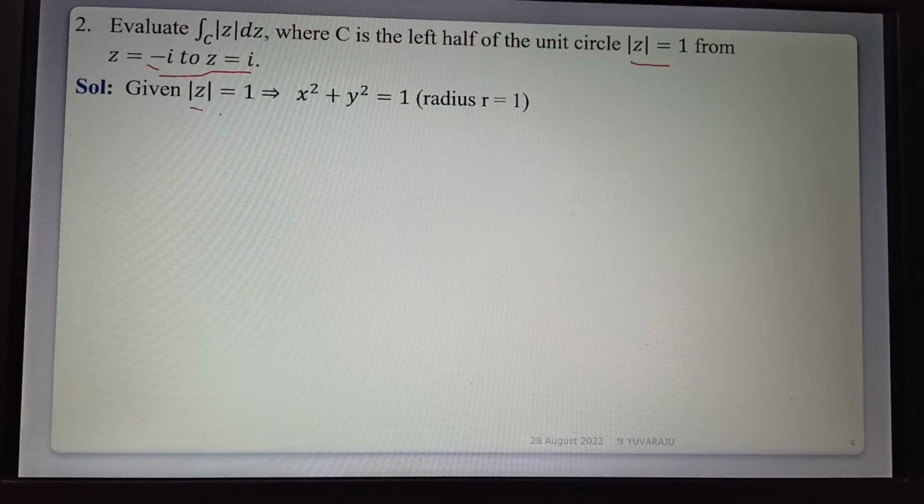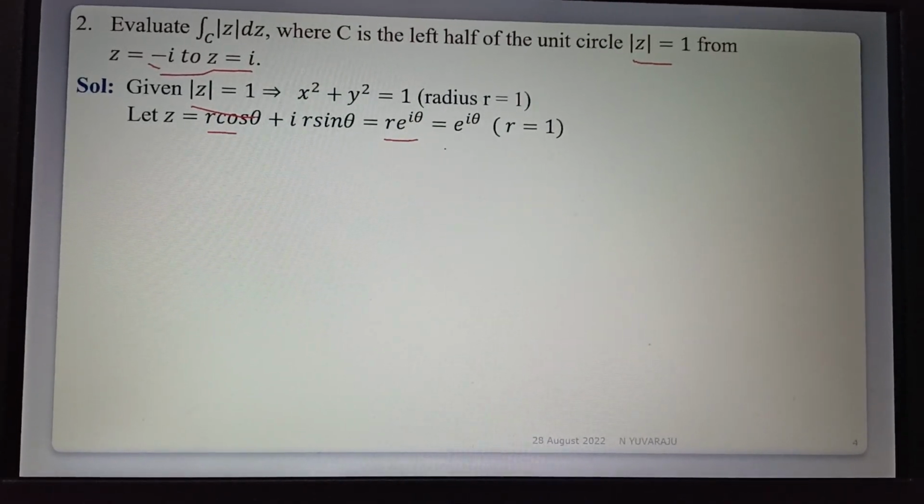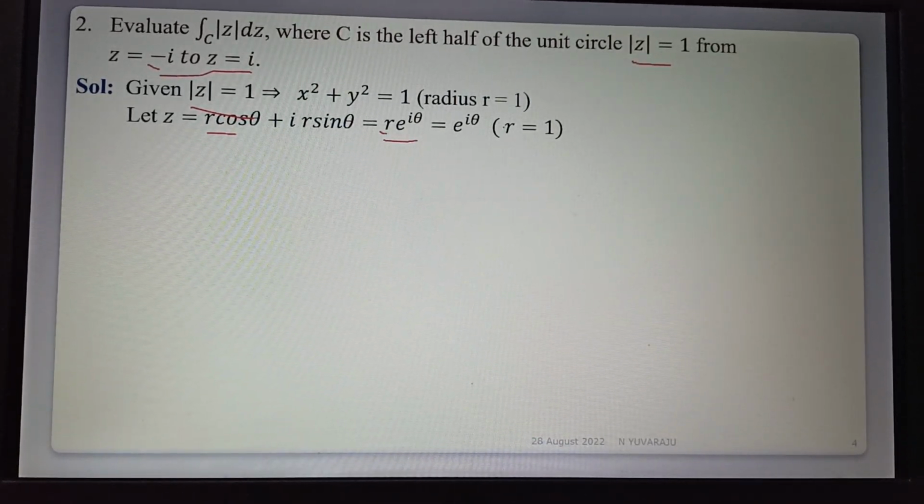The given circle mod z is equal to 1 means x square plus y square is equal to 1, radius 1. So on the given circle, we choose the polar point. The polar point means z is equal to r cos theta plus i r sin theta, which in simple form is r into e power i theta, that is equal to e power i theta, because radius is equal to 1.